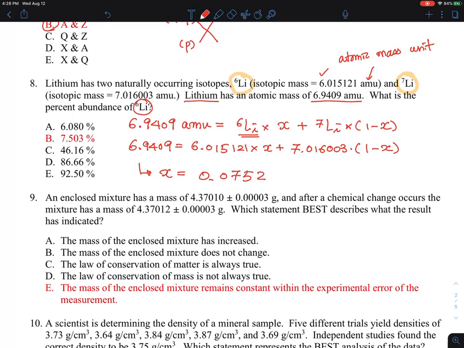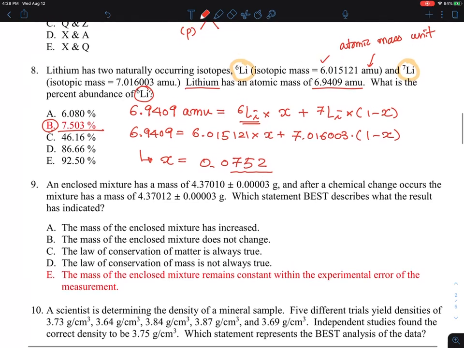If you're looking at the number of significant figures, that ends up closest to the number shown as B in the multiple choices. So I will choose B as my correct answer here.